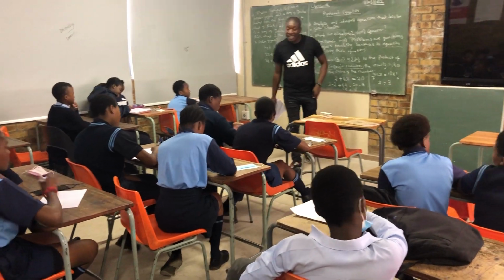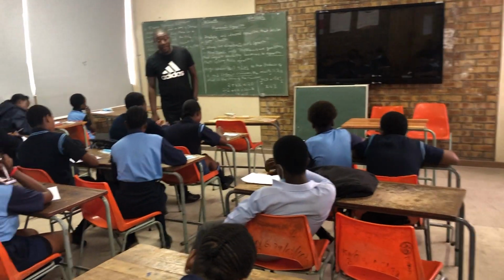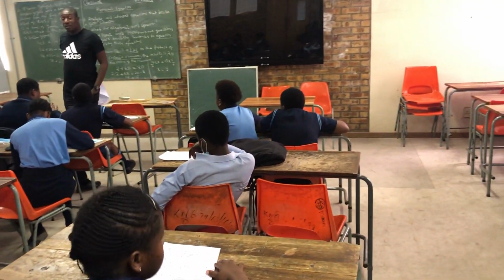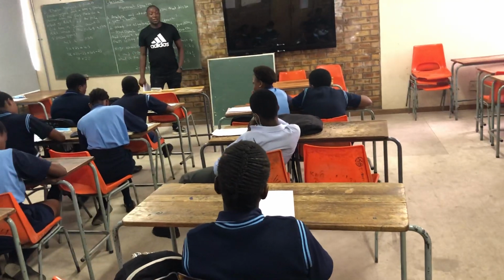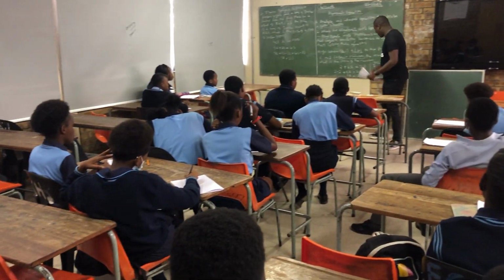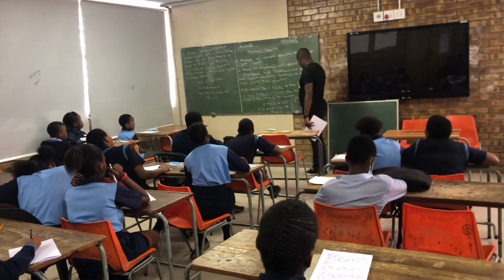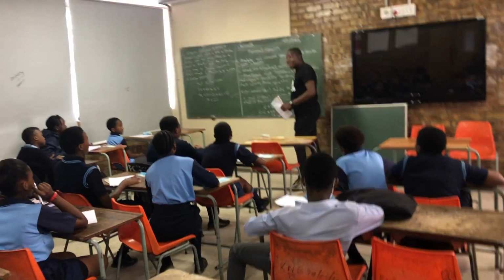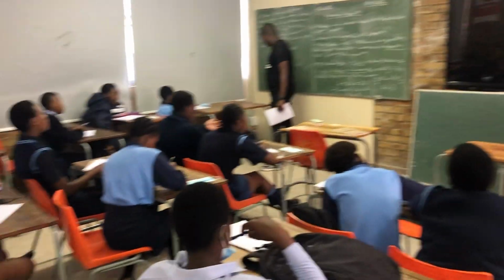Because we're looking for x, we must find the multiplicative inverse of 5. What would be the multiplicative inverse of 5? 1 over 5.